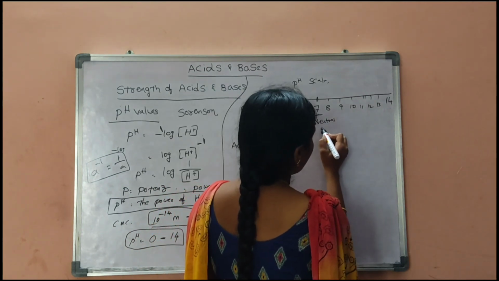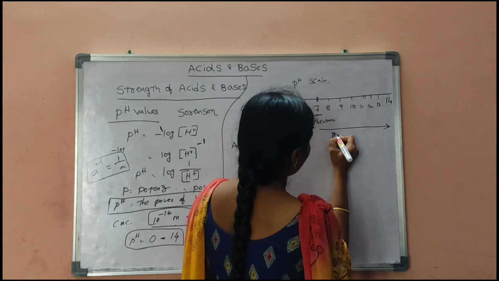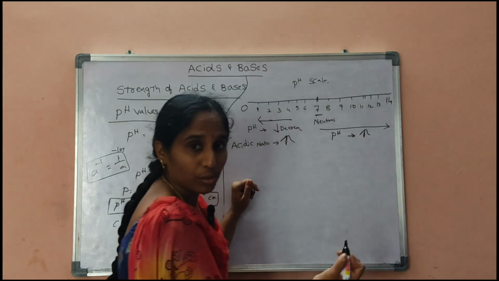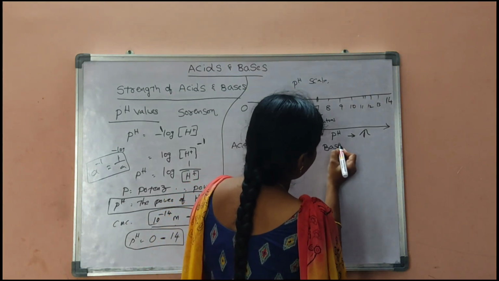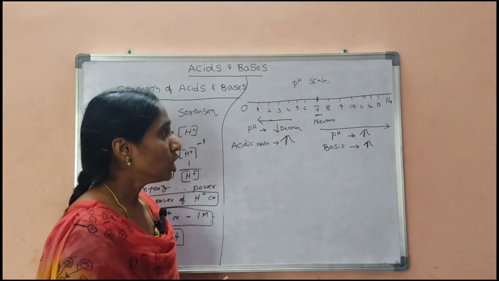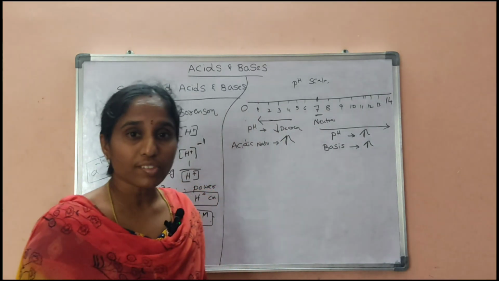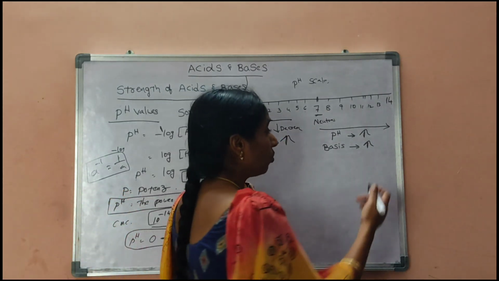From 7 to 14, pH values increase. In the same way, the basic nature also increases. So what is the pH value of the strongest base? 14.